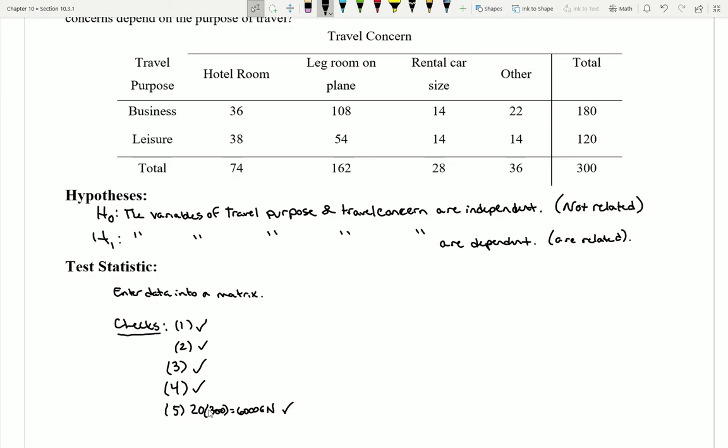Well, if you don't understand what these checks are and how to do them, be aware that on exam 4, or on the next exam, and definitely on the final exam, I will definitely be asking questions that will be testing to see if you actually know what something like checks 3 and 4 are asking.